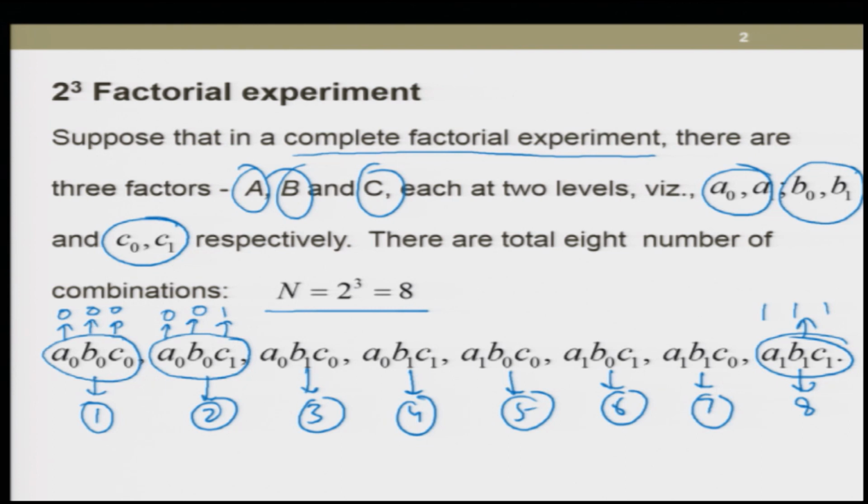So this is how I can write down all the treatment combinations, and you can observe that if I go for a higher order factorial experiment, for example, 2 raised to the power 4 factorial experiment, then there are going to be 2 into 2 into 2 into 2, which is equal to 16 treatment combinations.